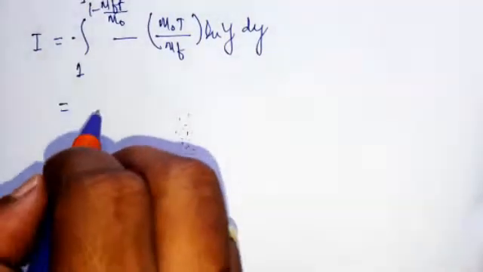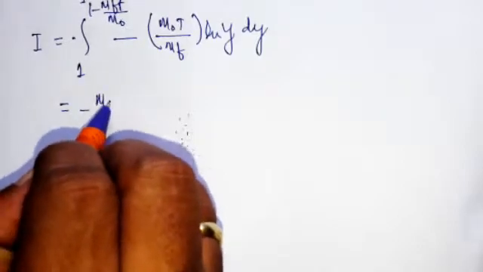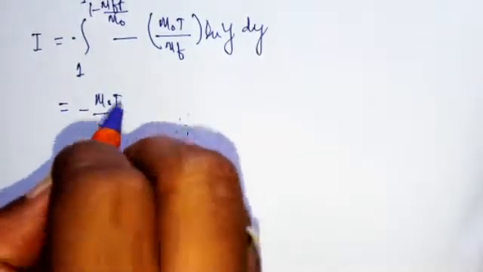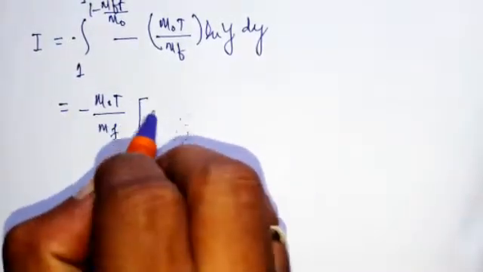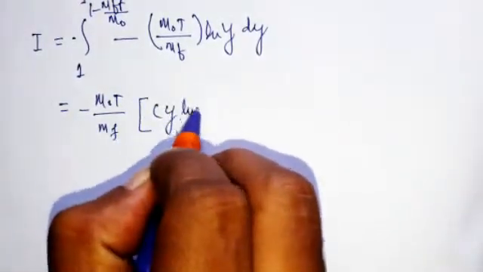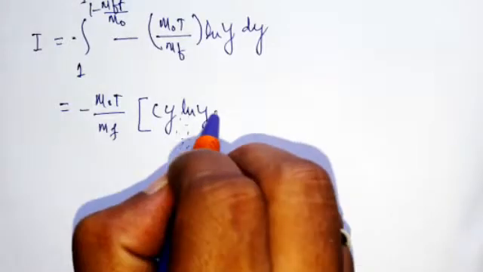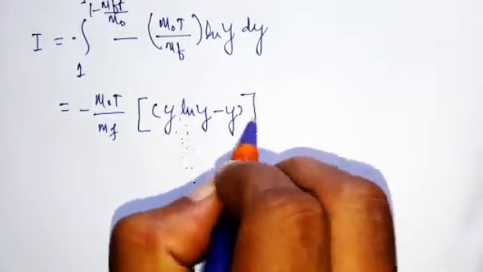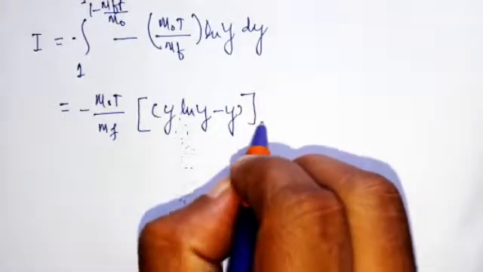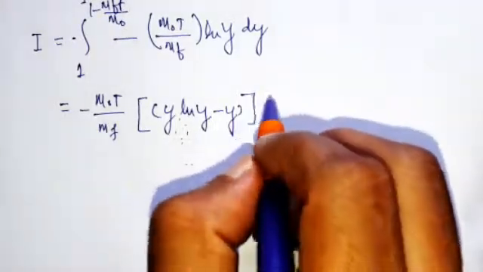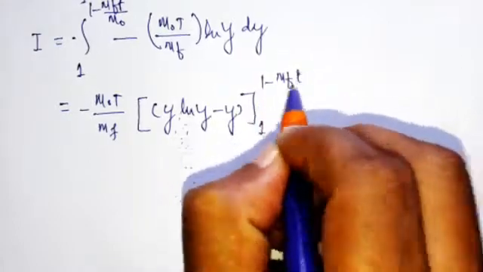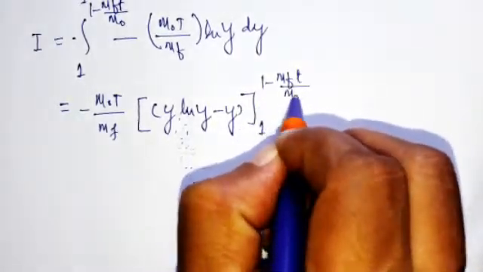Therefore, by solving that integration, it becomes y ln y minus y, whose limits are 1 to 1 minus mf of small t divided by m naught.